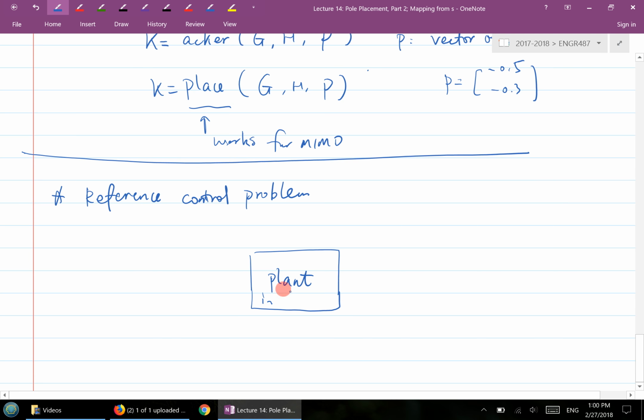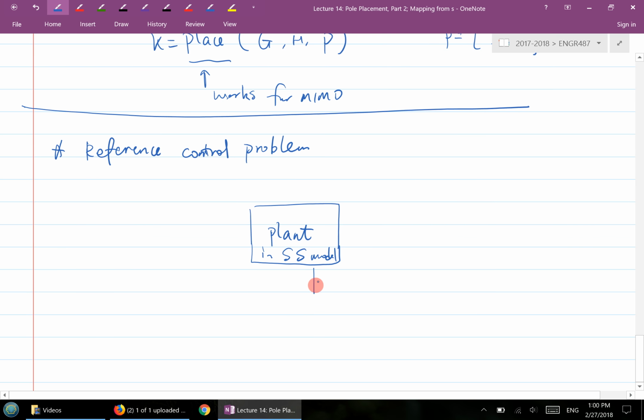So if it's a state space model, then you would be able to extract your state vector x of k out of here, and we'll give this state vector to our gain matrix K. Up to here, this is basically the same as the regulation problem. You design your gain matrix K and then multiply by the x of k here. But the difference is now we have a reference input.